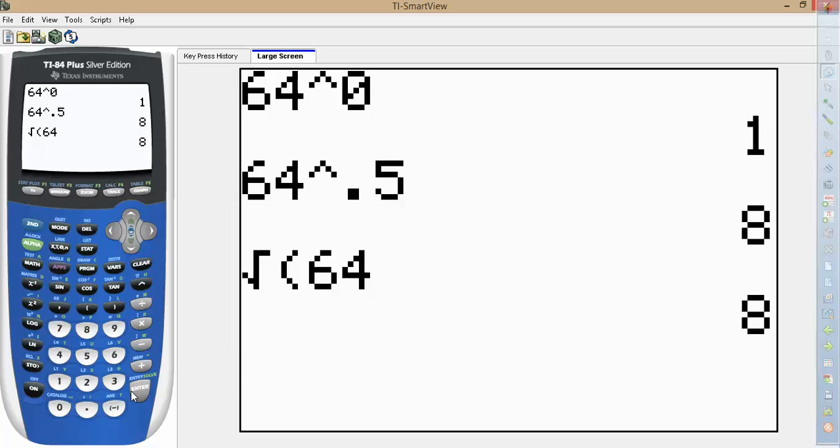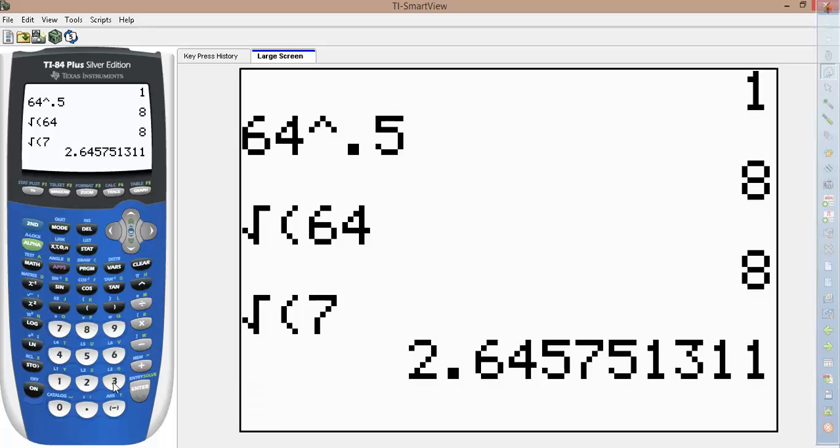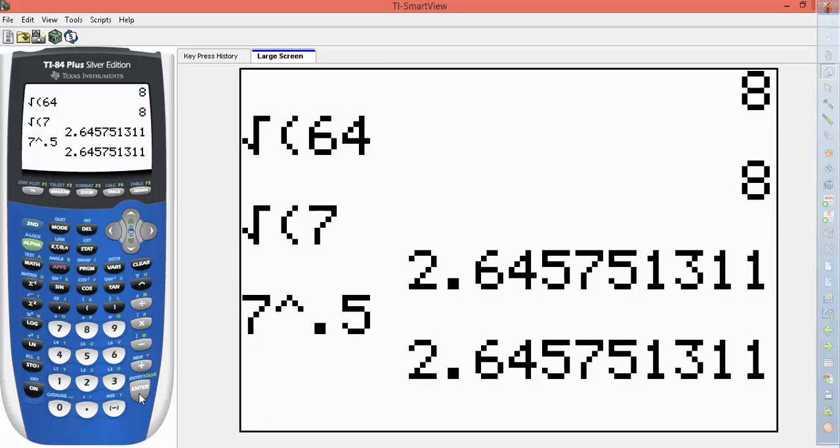I think 64 is a special case. Does this work with all perfect squares? Or in fact, does it work with all radicals? Absolutely it does, even non-perfect squares. If I take the square root of 7, I get a really weird decimal. But if I take 7 and raise it to the 1/2 power, I should get that same irrational number, which I do.